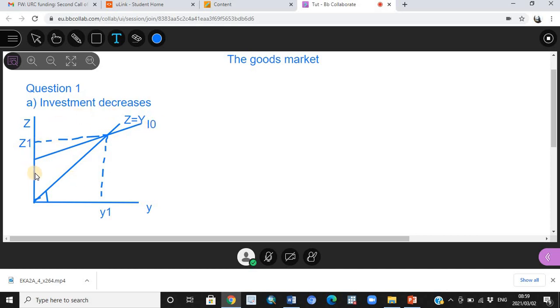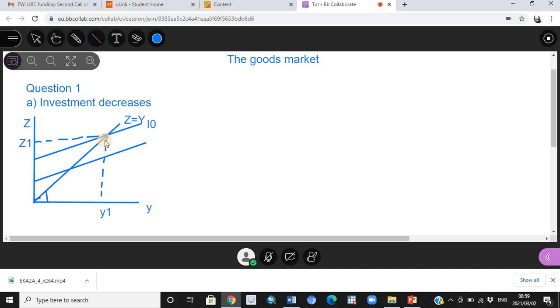Okay, so I am going to show the decrease in investment, and we see what the real impact is on income and production. A decrease is going to mean a shift of this curve downwards.